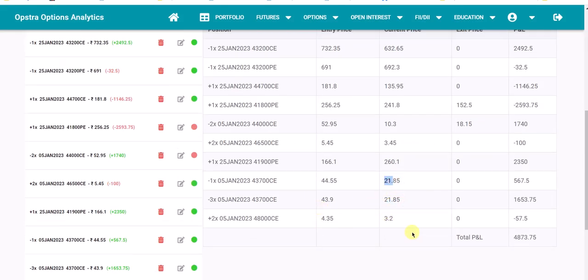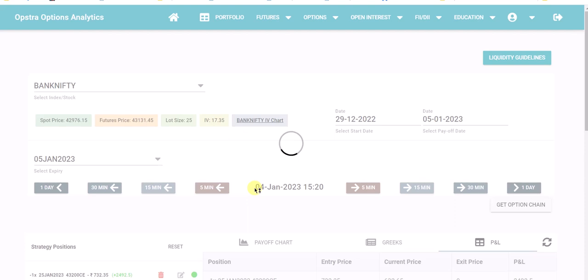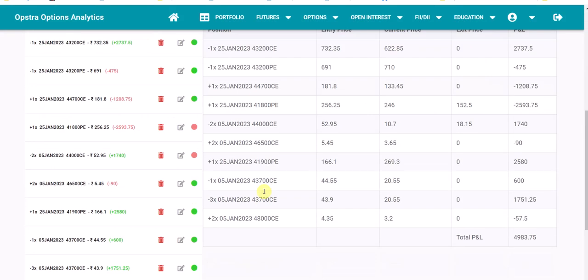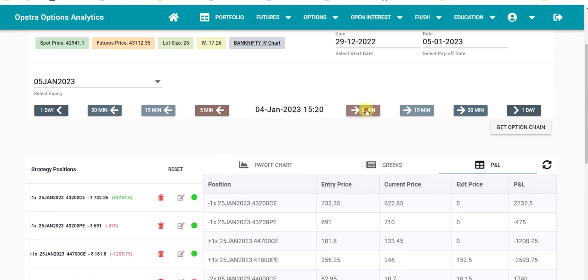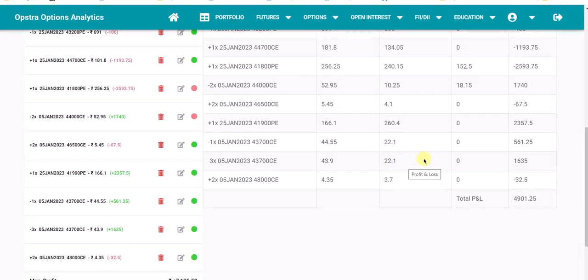We still have premium, so we don't have to come closer. But last day, no expiry. If the market opens at the same place, there will be a decent decay. And let's see at 5 minutes.